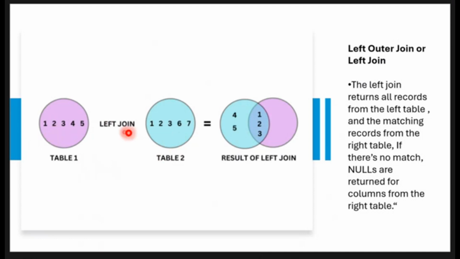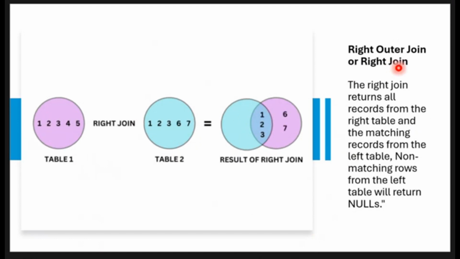Both tables have 1, 2, 3, so it will bring the values for 1, 2, 3. For 4 and 5, since they are not available in the right table, it will give null values. Whereas 6 and 7, it will not bother with, because it will only pick up all the values from the left table. So this is the left join.